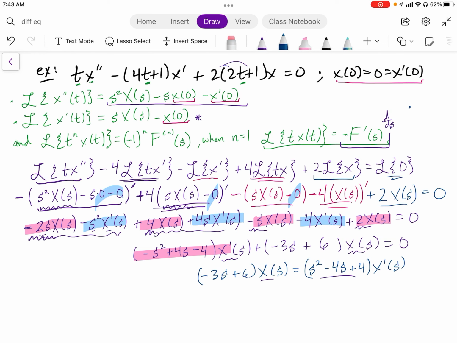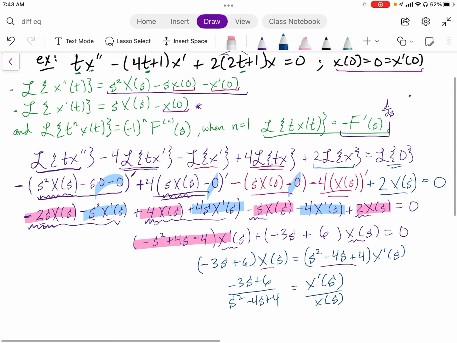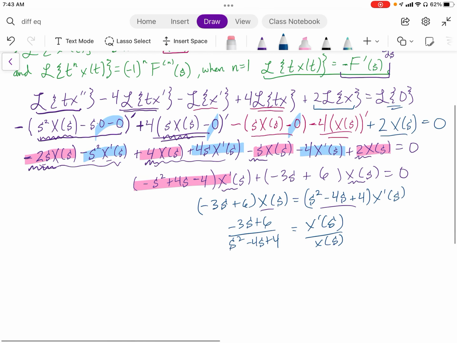Rearranging terms, we have x prime of s over x of s equals negative 3s plus 6 over s squared minus 4s plus 4. Hopefully all my arithmetic checks out up to this point.